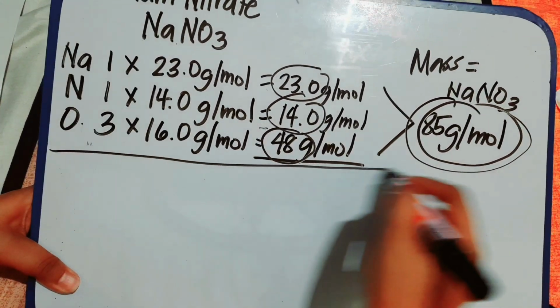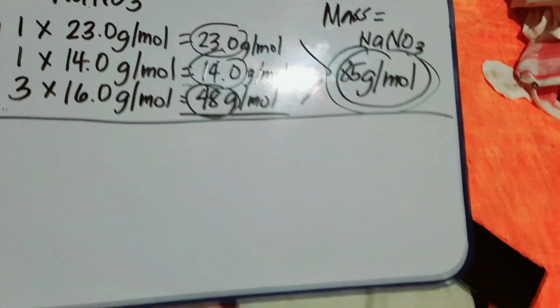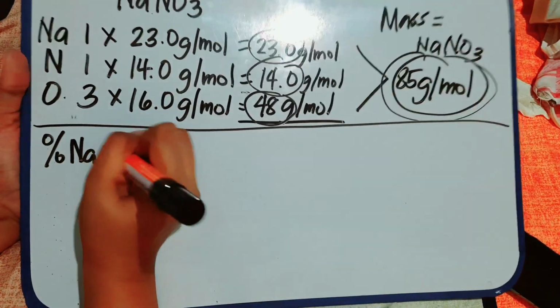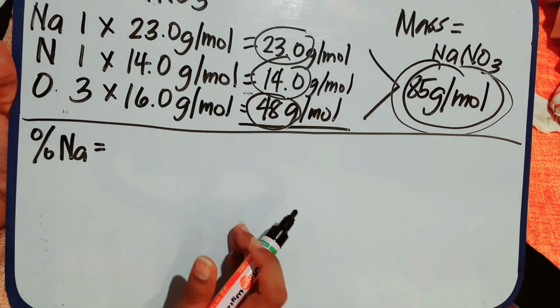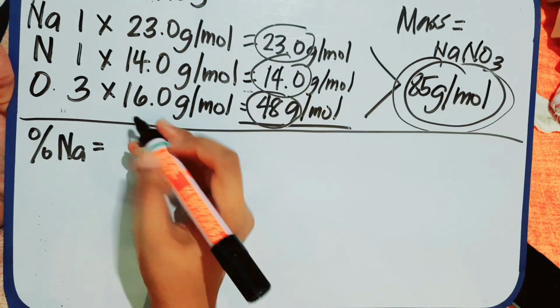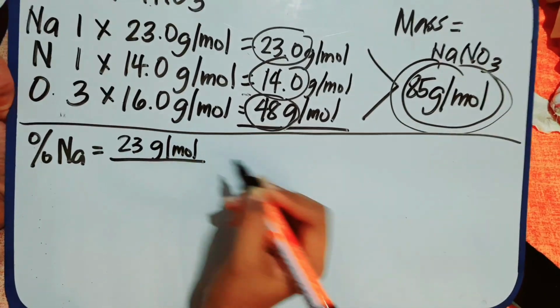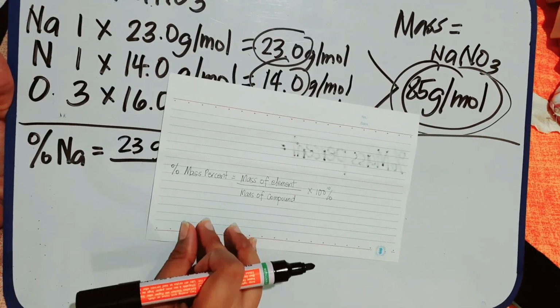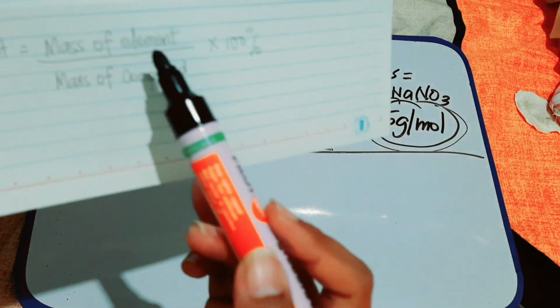Okay, now, let us get the percent mass of our element sodium. Okay, sa sodium, ano nga kukuha natin? Napakadali lang kasi ano yung mass ng element na sodium? 23. So 23 gram per mole divided by ano yung mass? Okay, tandaan ha, ulitin natin yung ating formula. Ayan. Okay. So we have mass percent, mass ng element.